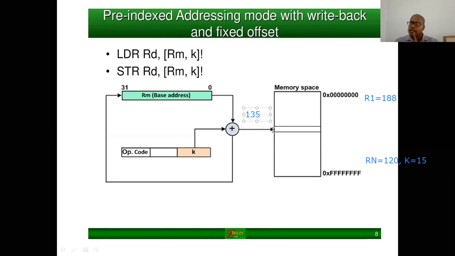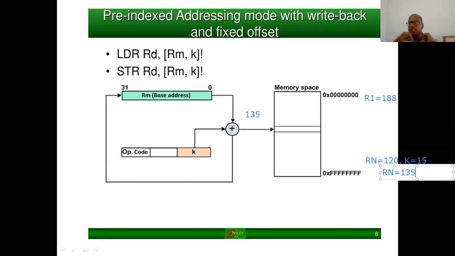Similarly, this Rn register is there. Previously Rn has 120. Now this 120 is going to be replaced with this 135. That means previously I had Rn equal to 120, but now this particular Rn will be replaced with 135.